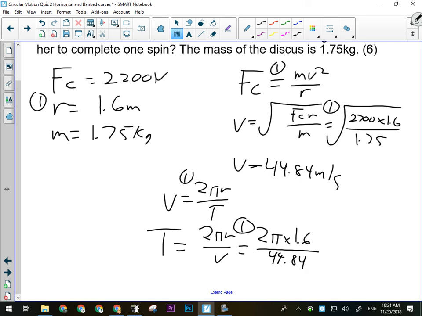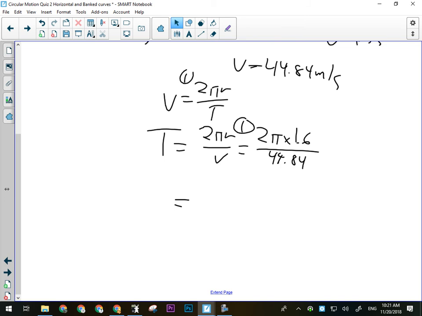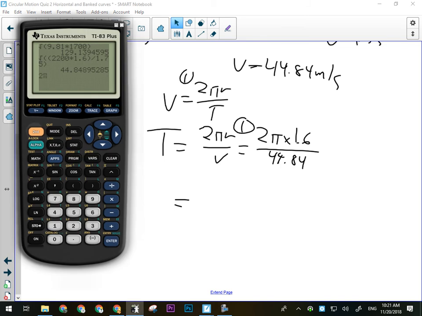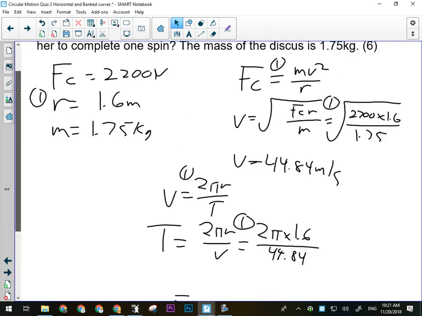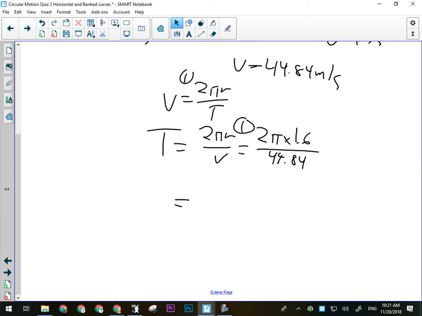That's their 5th mark, and then we'll get the period here. We're looking at a period of 0.22 seconds, because I think we only have 2 significant figures in this question. So that would be their 6th and final mark.